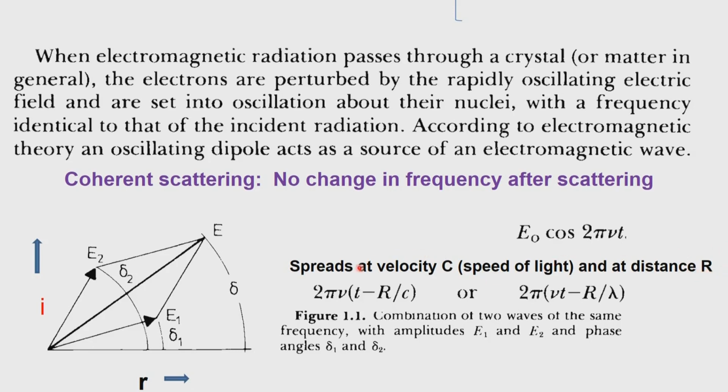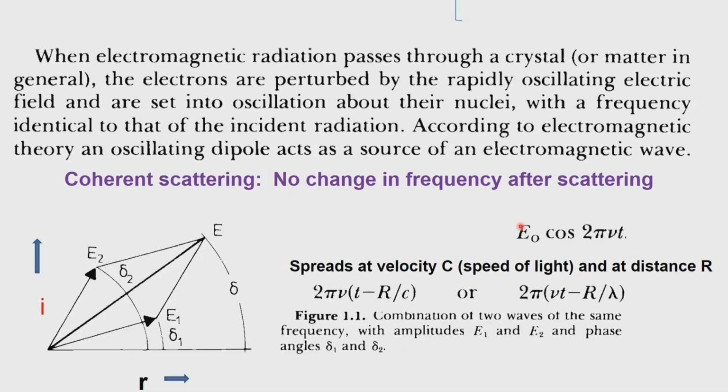This particular wave which we are now talking about, which is now a complex wave, spreads at the velocity of light, and it spreads as a spherical wavefront, both we have seen. And at sufficiently large distances r, we have already decided it will be a plane wave. So, it will go as e to the power of ik dot r, where k is the wave vector and r is the position vector.